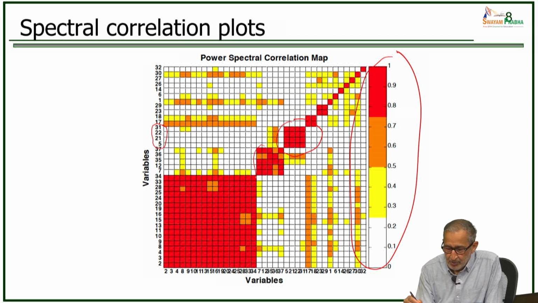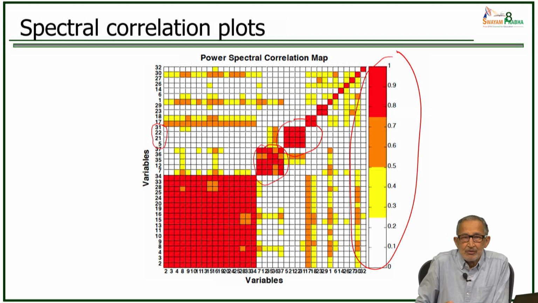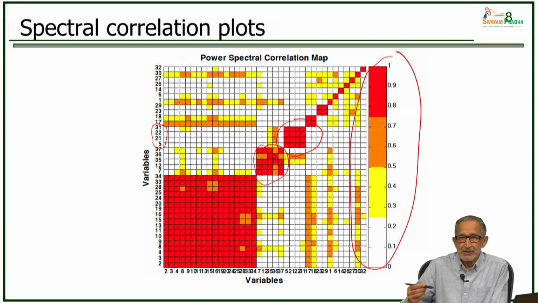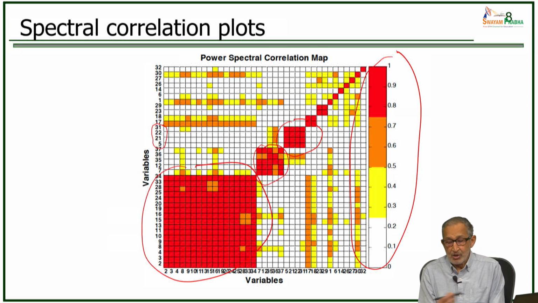Here is another group of variables, 7, 12, 35 and 36, which also are highly correlated with each other in the spectral domain, and it's showing those variables also have similar spectral shapes. And here is this very large group of variables which are also quite highly correlated with each other, and they also have a similar and yet a different spectral shape.